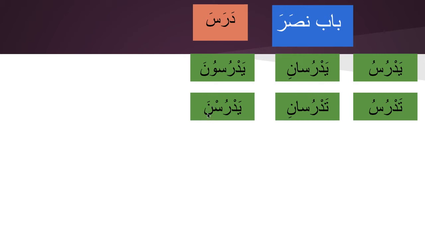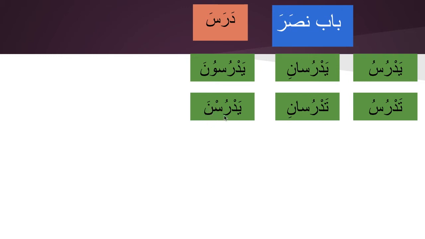This noon here is the fa'il, but it is not the noon of the dual and hum forms, which stays temporarily and then goes away. Whereas this yadrusna is mabni.